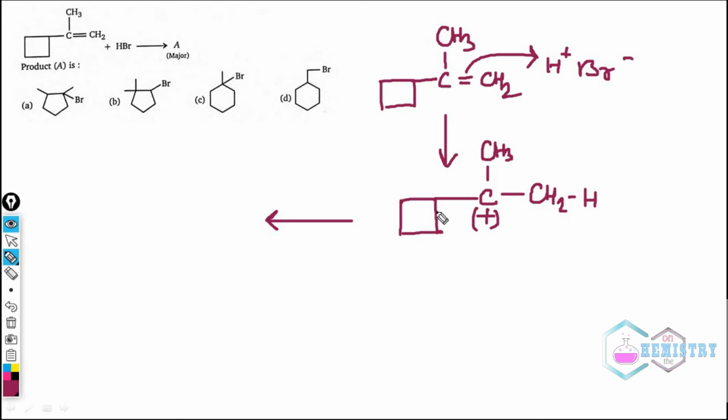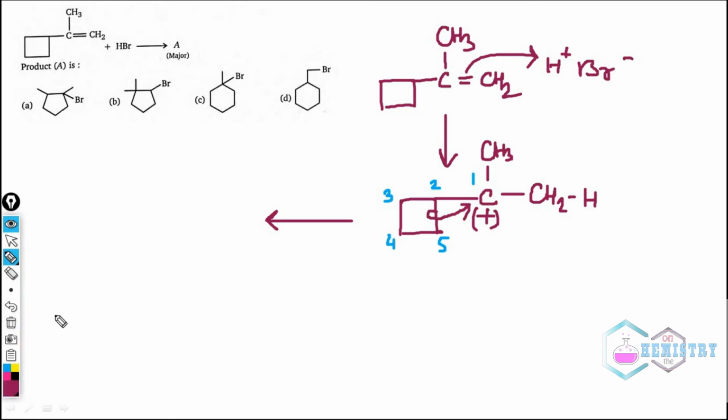So this bond will open up and migrate to this carbon. Similarly, as we have already discussed, when we are performing a ring expansion, we will number the carbons. So this will be 1, 2, 3, 4, 5. If the bond between 2 and 5 breaks and attaches to carbon number 1, there will be a bond between 1 and 5, and the bond between 2 and 5 will be broken.